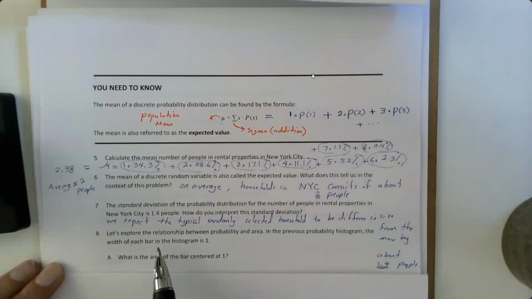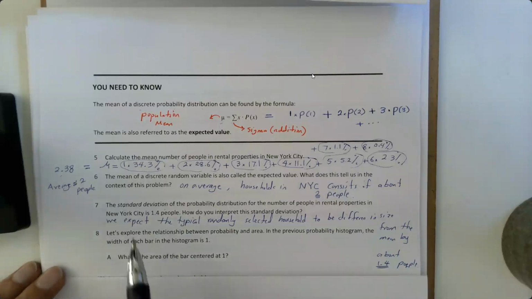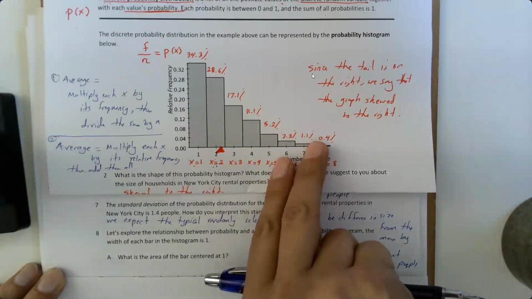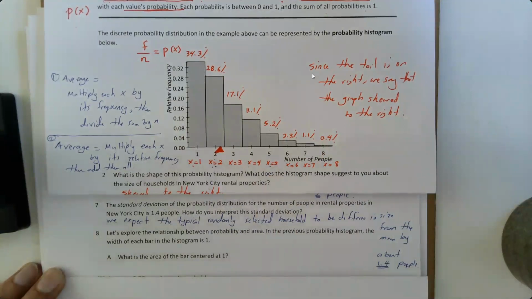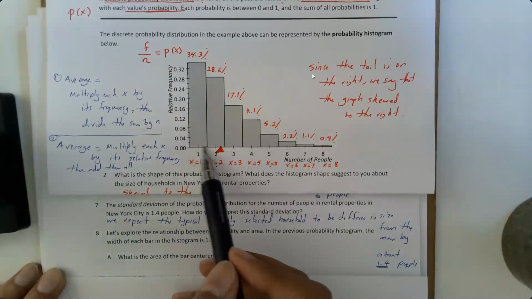Okay, question 8 says, now let's explore the relation between probability and the area. In the previous probability histogram, let's take a look at the graph that we have here. The width of each bar is 1.